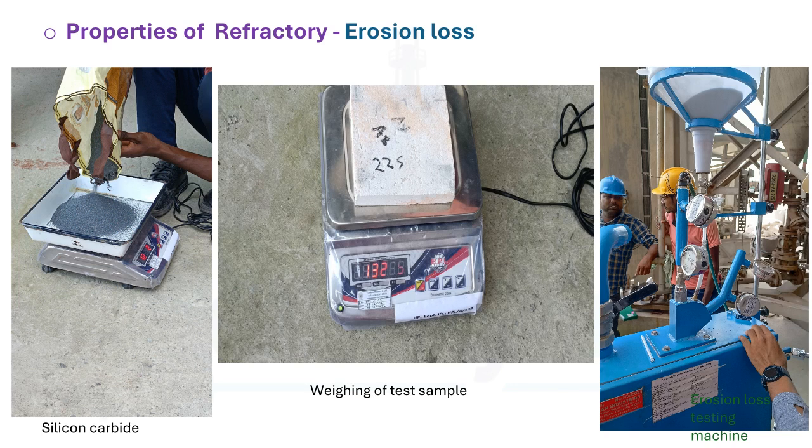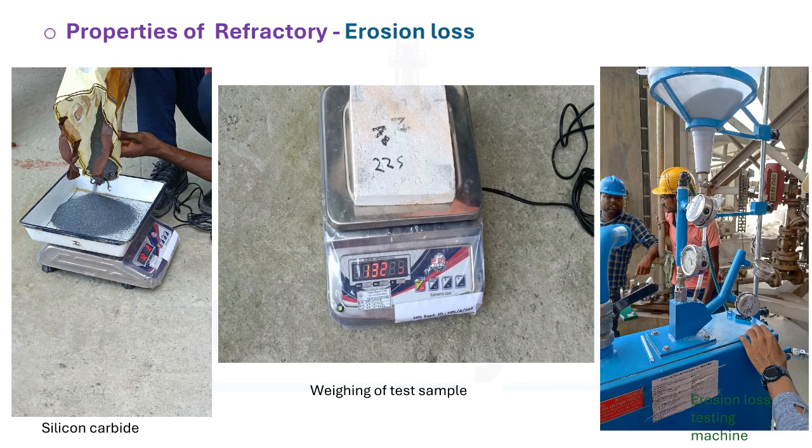The test sample is carefully weighed and positioned at the precise angle and distance from the nozzle. Standardization here is critical, because without it, the results would not be reproducible. After the erosion exposure, which continues for a defined duration until enough material loss occurs, the sample is weighed again, and the volume loss is calculated from the mass difference.